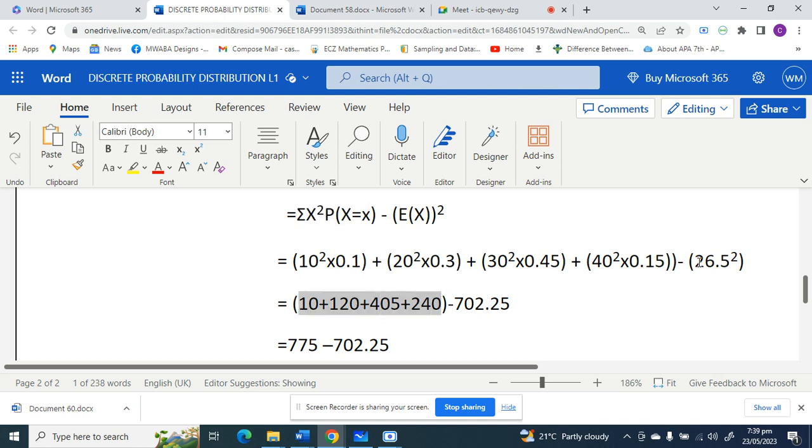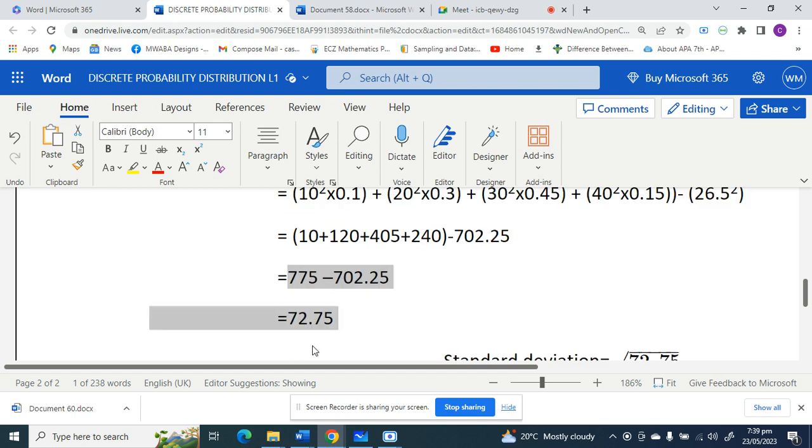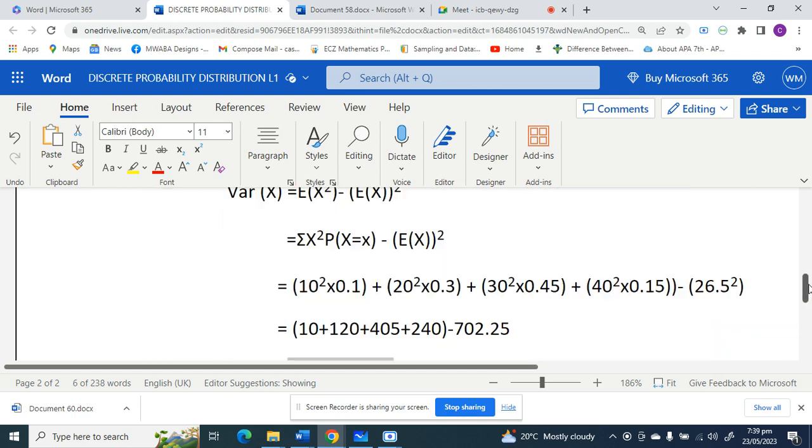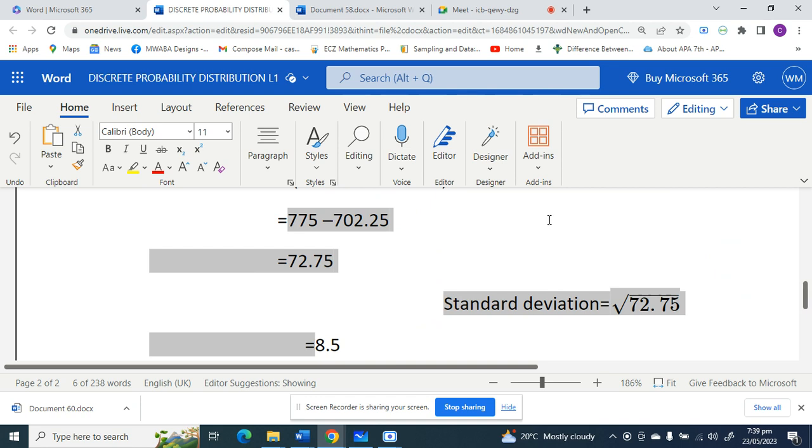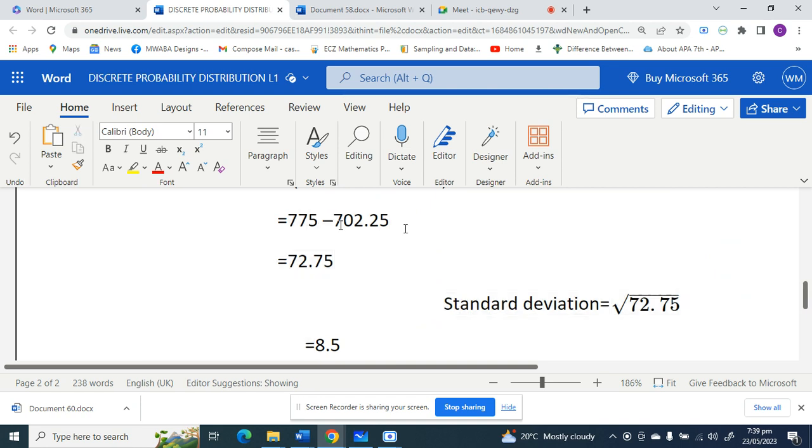In the meantime, we also square our expected value. Remember 26.5, we squared 26.5, you get 702.25. Then you add 10 plus 120 plus 405 plus 240, you get 775. 775 minus 702.25, you get 72.75. That is your variance.